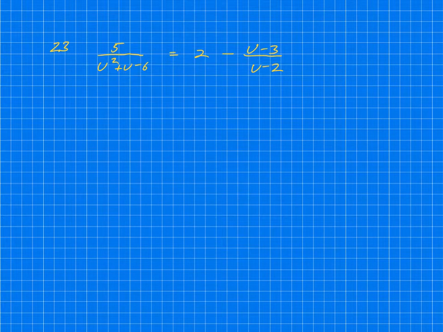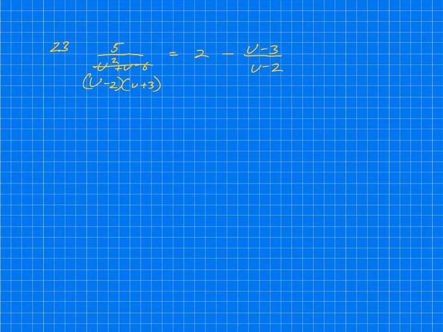So whatever LCD I come up with, I have to multiply the 2 by also. So the LCD, let me factor this, is going to be u, two numbers that multiply to -6 and add up to +1. u plus 3, u minus 2 would be my guess for that. Is that right? Yeah.